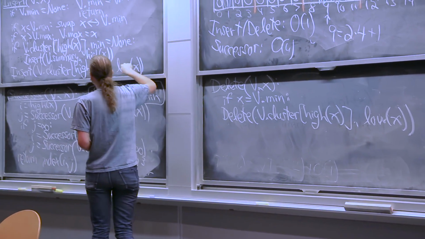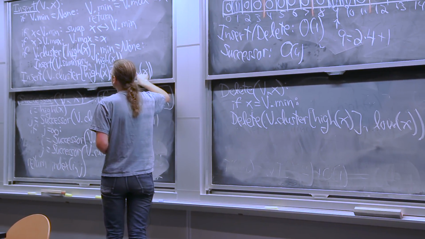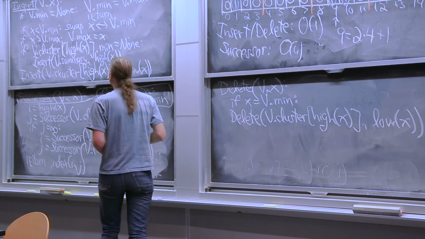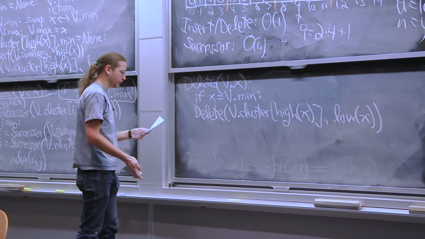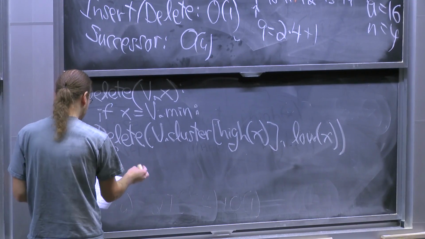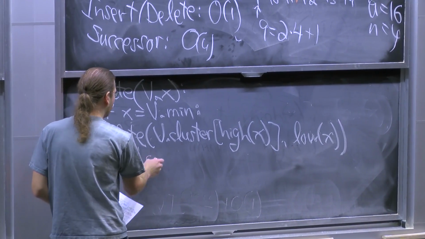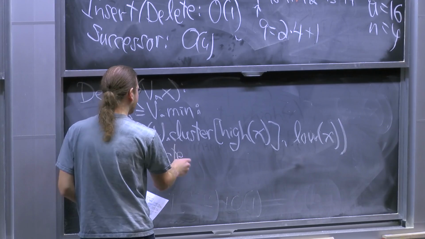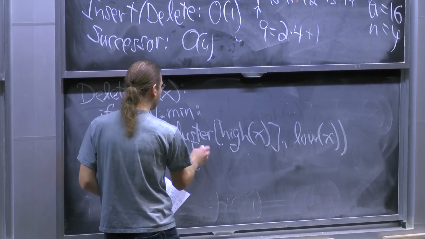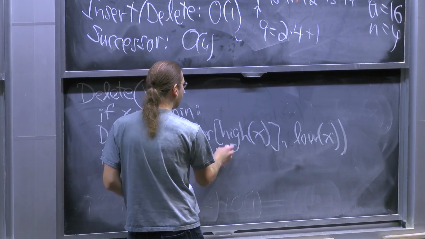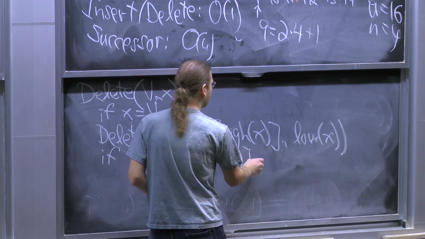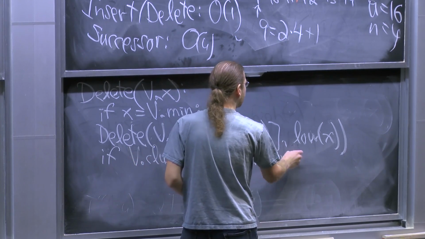So if that was the last item, then we need to delete from the summary structure. So it's actually pretty symmetric, other than the tiny details. So after we delete, we can check, is that structure empty? Because then the min would equal none.